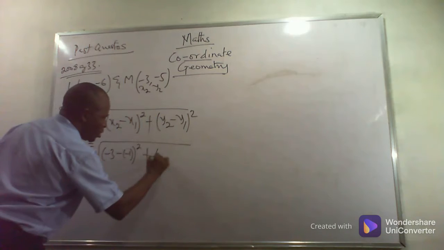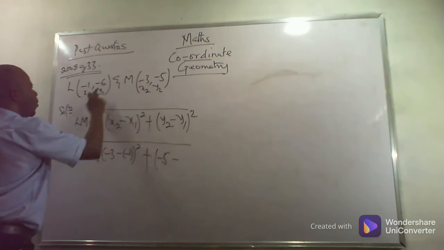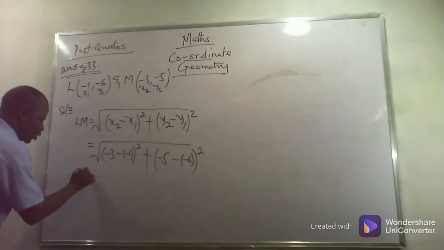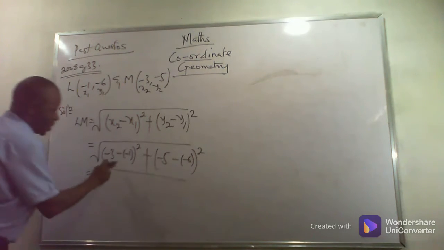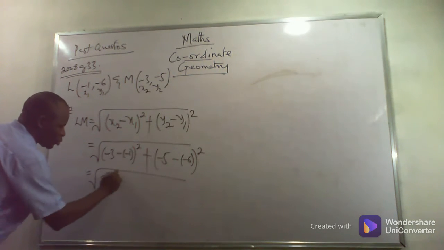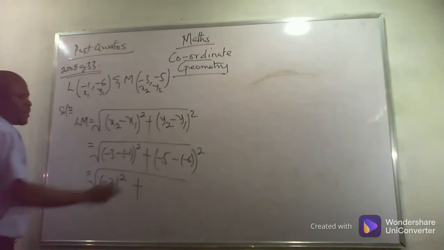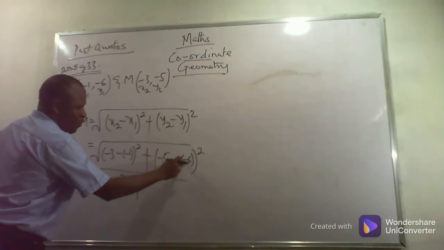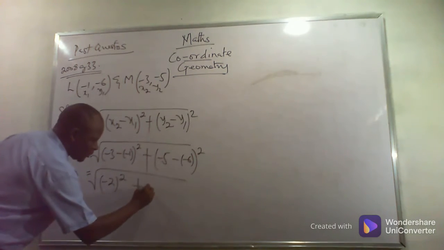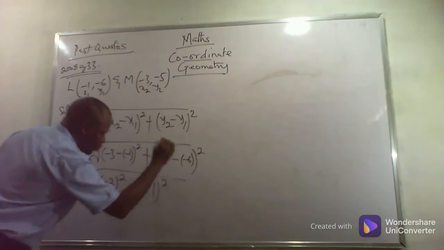What is y2? Minus 5 minus, what is y1? Minus 6, everything squared. So we have square root of minus times minus plus. So minus 3 plus 1, that gives me minus 2 squared, plus minus times minus plus. So minus 5 plus 6, that gives me 1, everything squared.